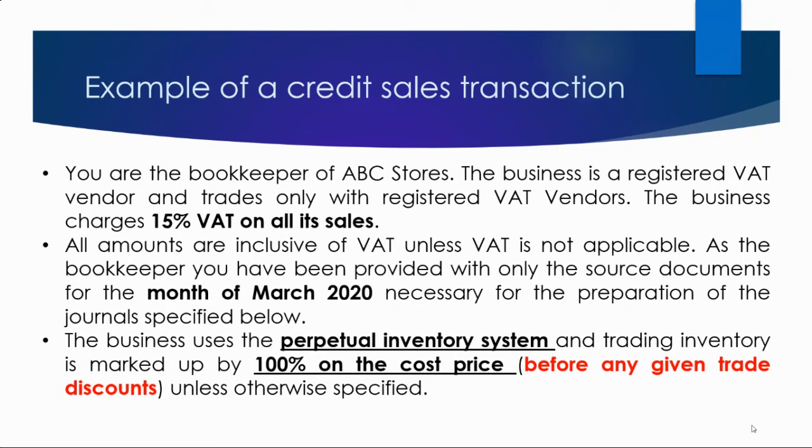Okay, so Bernice thinks it's 100. Remember cost price. If it's on cost price, it is 100. Now I've added 100 profit on top of it. So what should the sales price be?